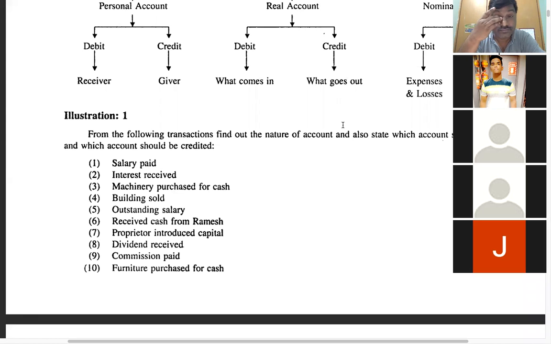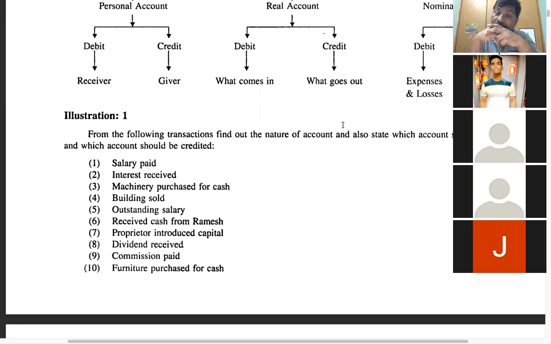So what should interest received? What are the aspects in this? Identify first the accounts or aspects. Two aspects. Now, what is number one? What is number two? Debit and credit. What is the debit aspect here in transaction two?